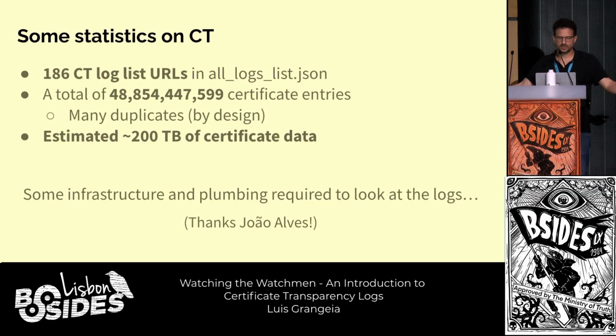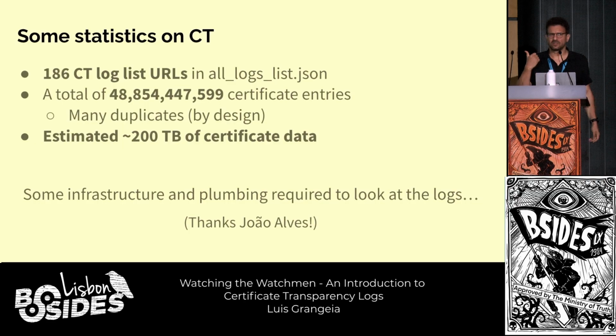So some statistics about these public ledgers. Each CT log is basically a distinct ledger. If we take all of the logs that exist and that are trusted or have been trusted by Chrome, it's about 186 URLs, which means there's a total of almost 49 billion certificate entries, or leaf certificates, in the logs. A lot of this data, by the way, is duplicate, and I'll explain why.